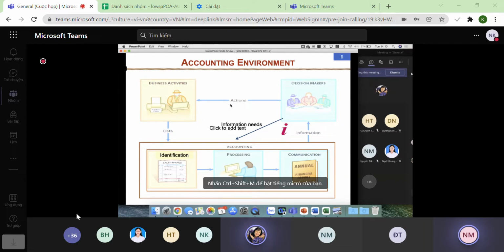Not all of them. So we need to do this step, identification. Which one will we record? For example, here we have another example from group 3.